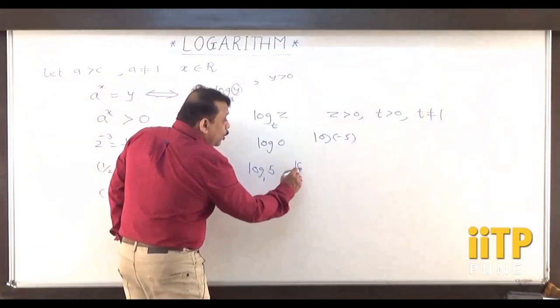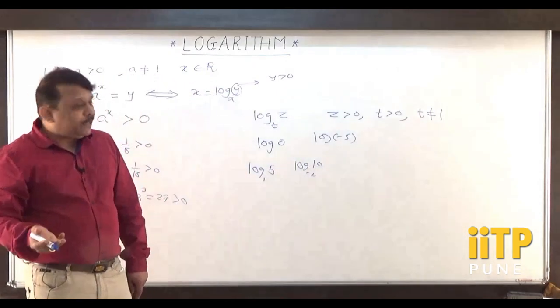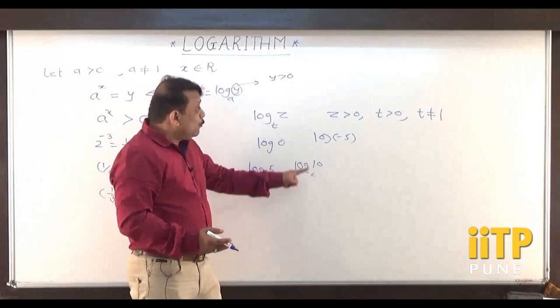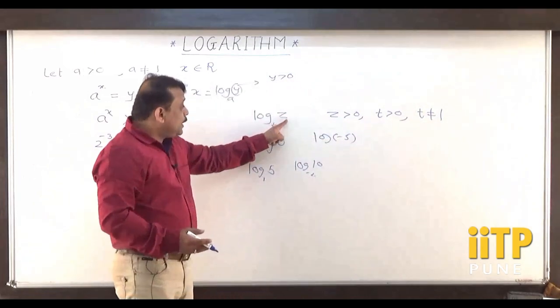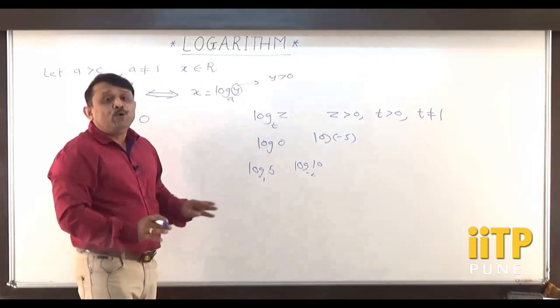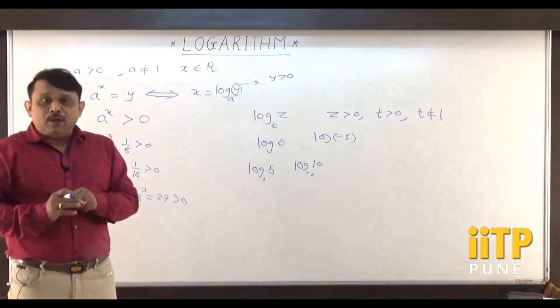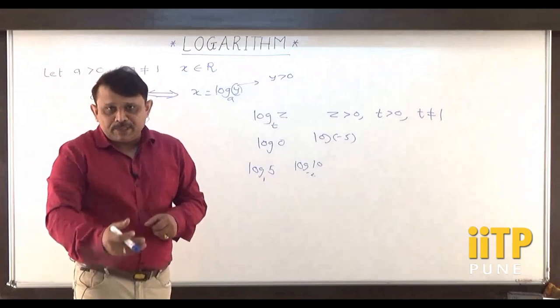If I write log of 10 to the base minus 2, again this does not exist because minus 2 is not a positive number. So whenever all these conditions are satisfied, log z to the base t makes sense. Otherwise it won't exist. So this is about the logarithm. Now we will discuss rules of logarithms in the next part.